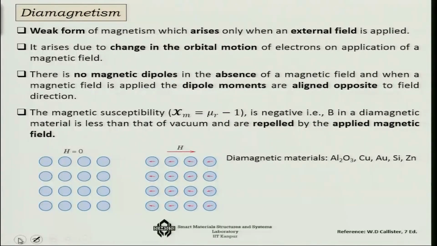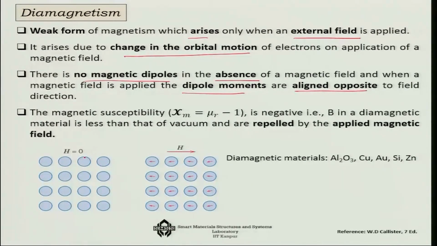This is the weakest form of magnetism, which arises only when an external field is applied. It arises due to the change in the orbital motion of electrons on application of a magnetic field. There are no magnetic dipoles in the absence of a magnetic field, and when a magnetic field is applied, the dipole moments are aligned opposite to the field direction.